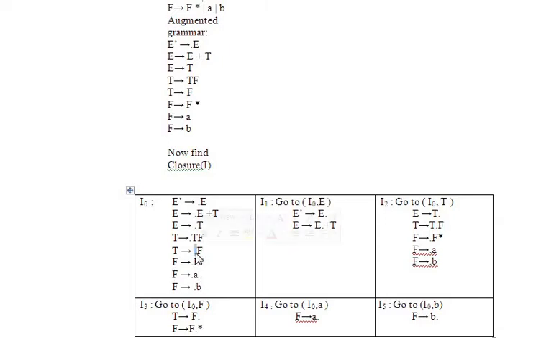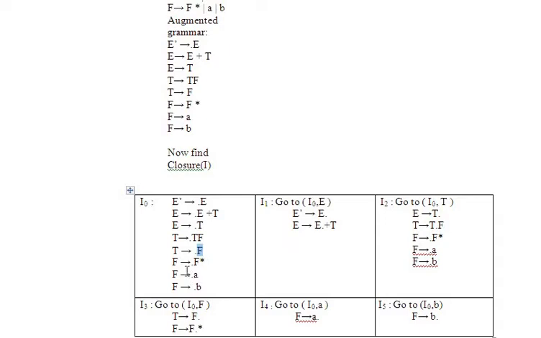Here you find a non-terminal after dot, so write down all productions of that non-terminal. So F gives dot F star, F gives dot A, and F gives dot B. Just put dot before all productions.